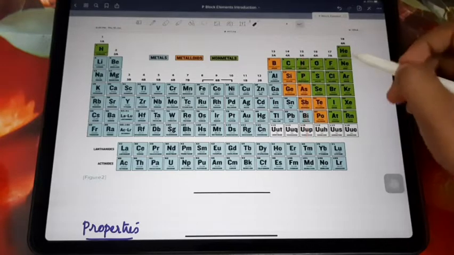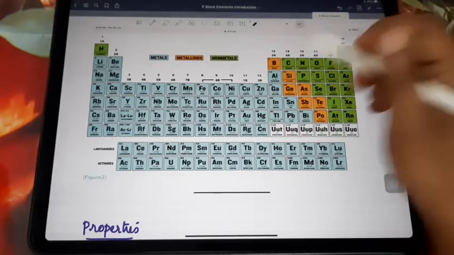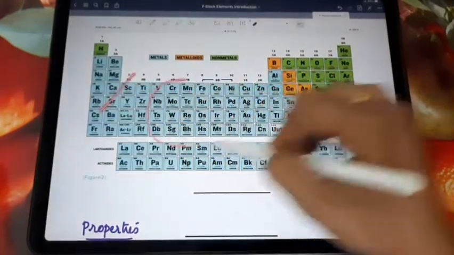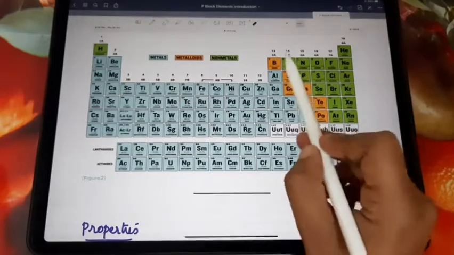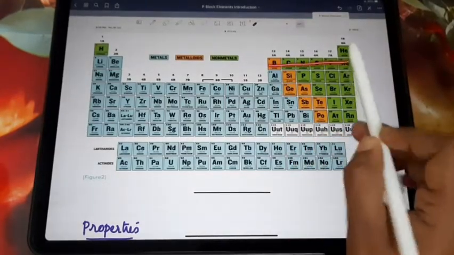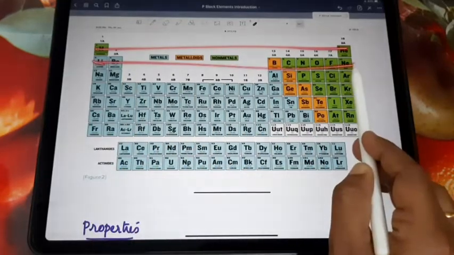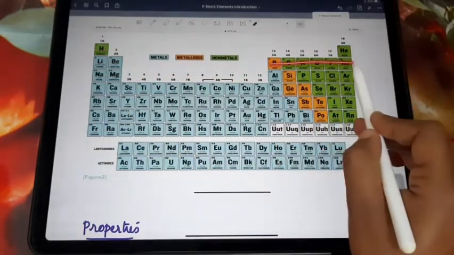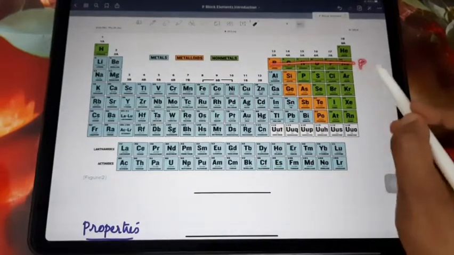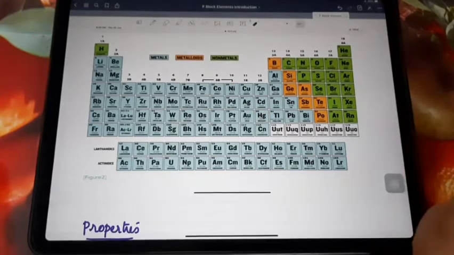Okay, why this P block element? It has diversification compared to S block, D block and F block. Here this is the first period, the second period and the third period. When you write the electronic configuration of the second period, the last electron enters the p subshell, and you can see only s and p subshells.